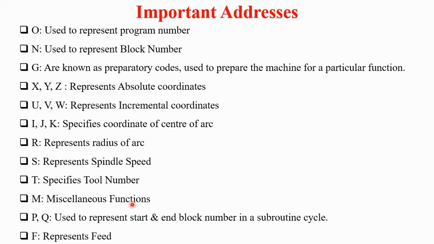Likewise, miscellaneous functions are also required, so these M codes are used to represent them. Then P and Q are used to represent the start and end block numbers in a subroutine cycle. Then F stands for feed rate. F represents the feed of the CNC machine.